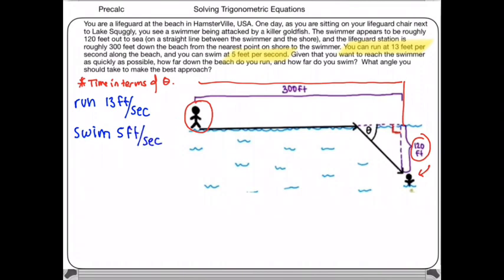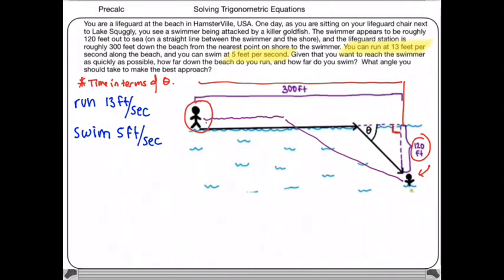So basically, it asks us some questions, and I want to go after the angle first, because after all, this is a topic in trigonometry. The angle basically means that we want to minimize the amount of time it takes this guy right here to run down the shoreline, and then eventually jump into the water to save that person.